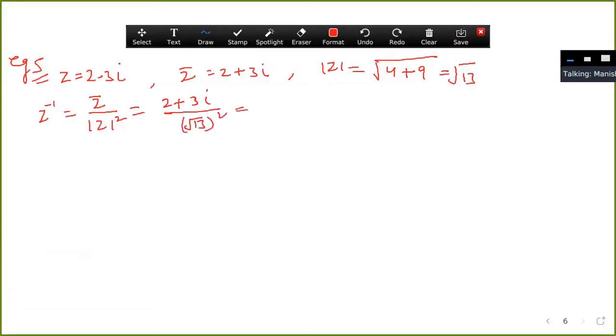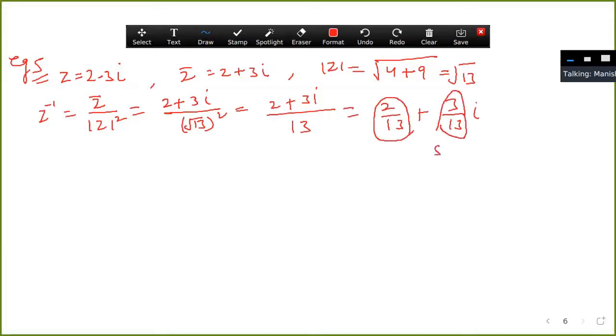That is 2 plus 3 iota upon 13, or you can say it is 2 upon 13 plus 3 upon 13 iota in standard form. This is A and this is B. This is the standard form. Okay.